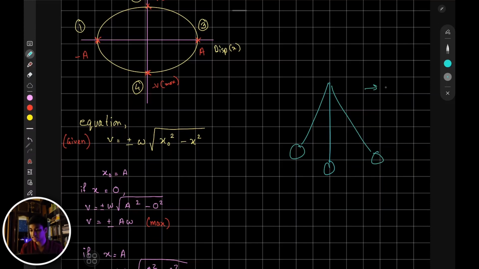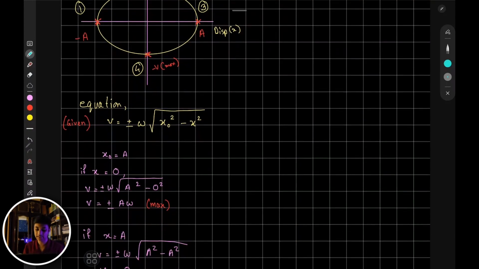So if let's say this is positive and this is negative, you know this oscillator is moving with a positive velocity if moving this way, and a negative velocity if moving leftwards. Great. So that is why there is a plus minus. And the other thing is, under the root there is x naught. What is x naught? x naught is simply the amplitude. What is x squared? x squared is the displacement at any given position at any given time.